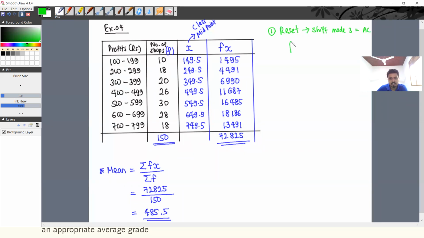Then once you reset, on the display you could see only the capital letter D.